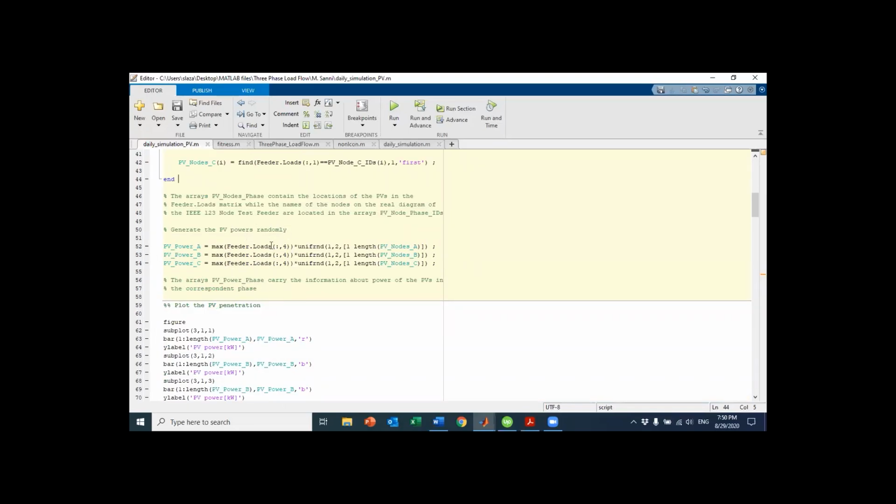Here, I took that the base power of the PV is the power of the maximal consumer in the network. So the power of the PVs installed in the phase A is equal to the power of the maximal load in the system times a uniformly distributed number from 1 to 2 of the length of the PV node.